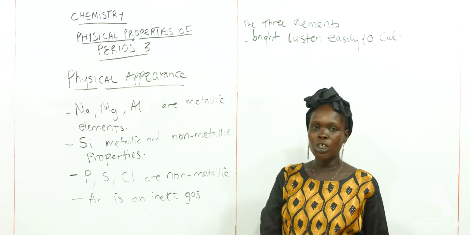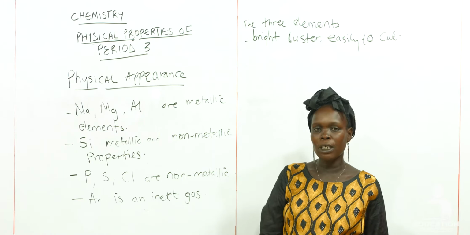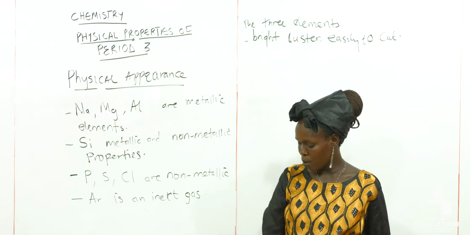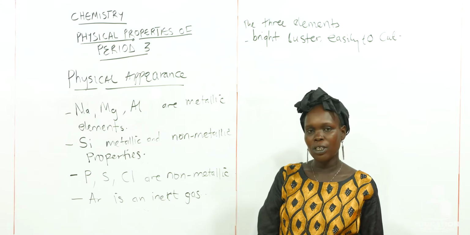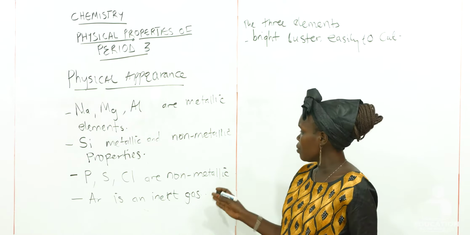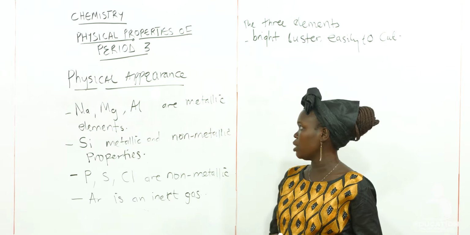We call each of them by their colors: white phosphorus, brown phosphorus, and red phosphorus. Chlorine and argon, the last two elements in this period, are gaseous in nature.